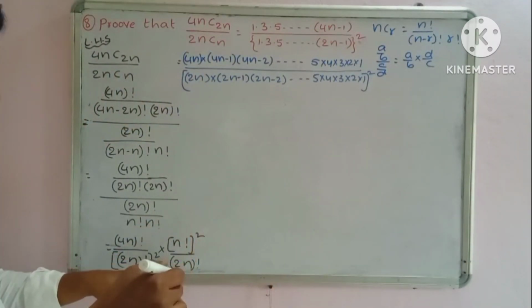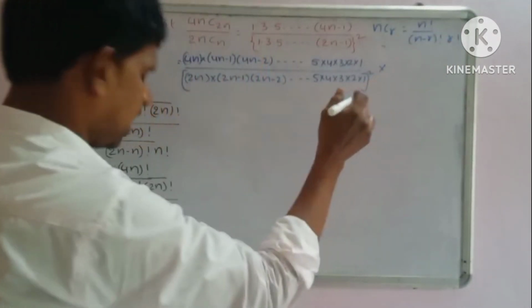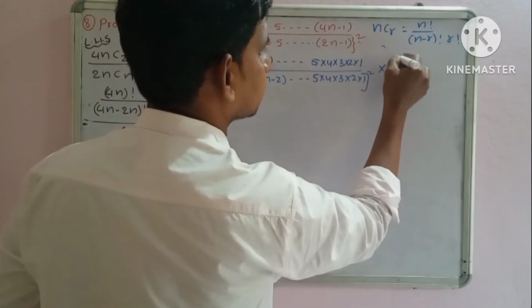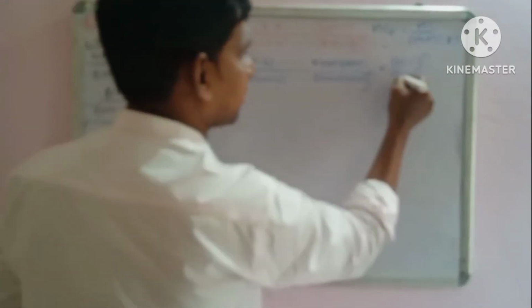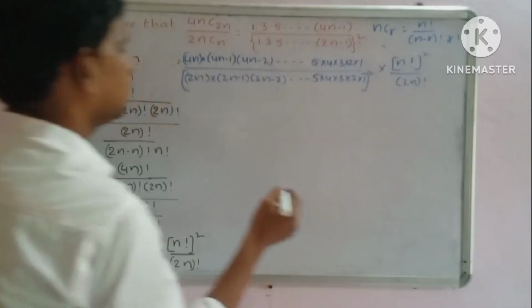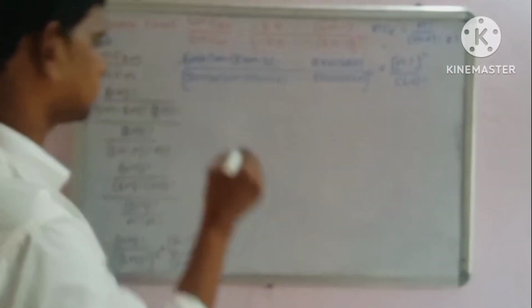Still in the numerator n factorial is there, denominator 2n factorial is there. So in the numerator n factorial whole square, denominator 2n factorial.